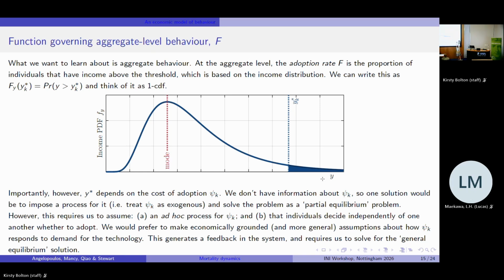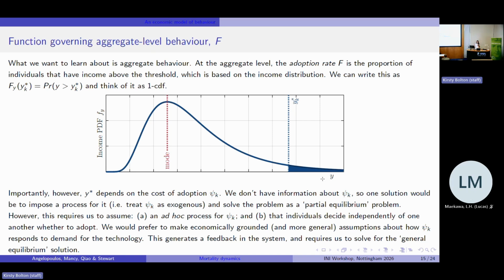So the proportion of individuals who are opting in is 1 minus the CDF of this. So this is the PDF of the income distribution. We can think of those individuals who opt in as 1 minus the CDF here. So we can easily work out, if you like, what proportion of individuals opt in. So importantly, there's Y star.